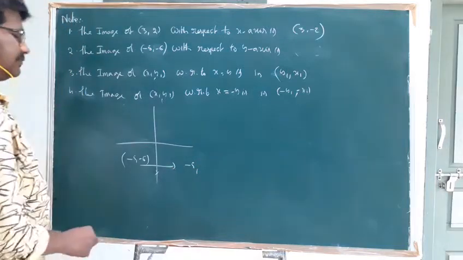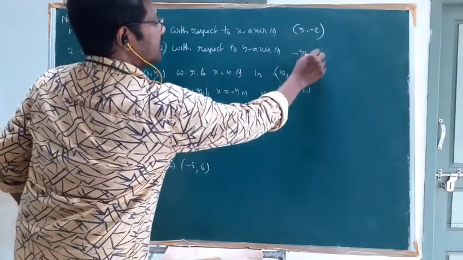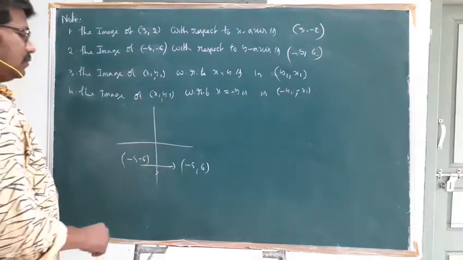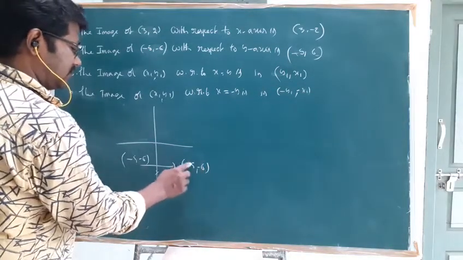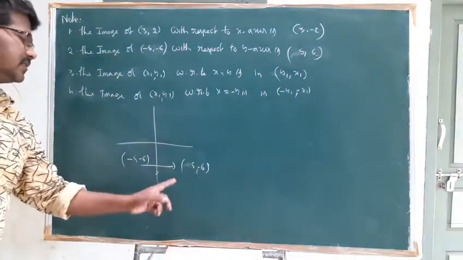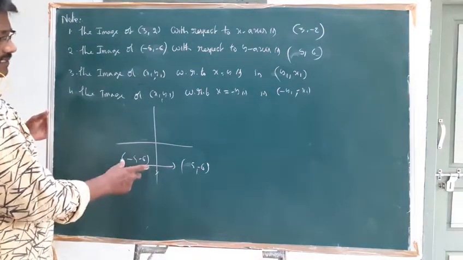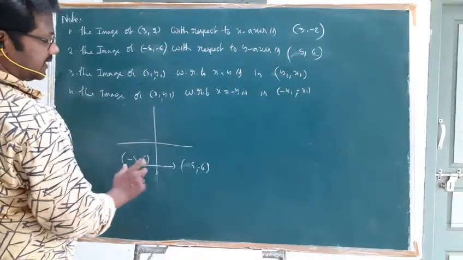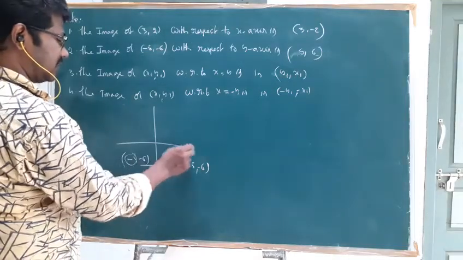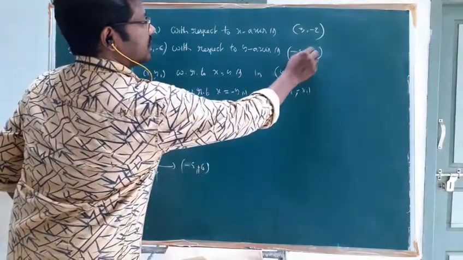Minus 5 becomes plus 5, and the y value stays minus 6, because the x value goes to the positive direction, y value in the negative direction. So with respect to y axis, the x value changes and the y value does not change: 5 comma minus 6.